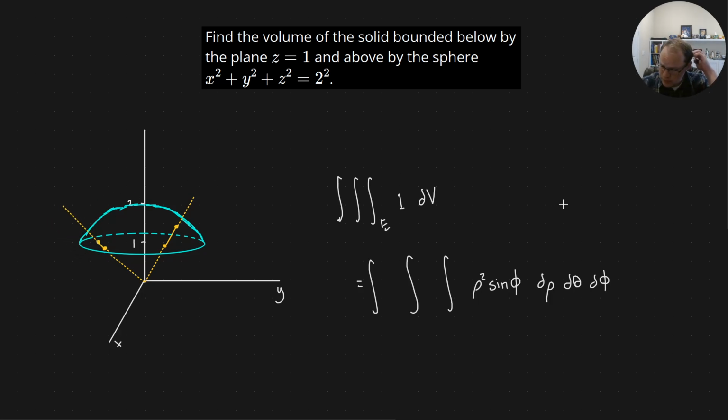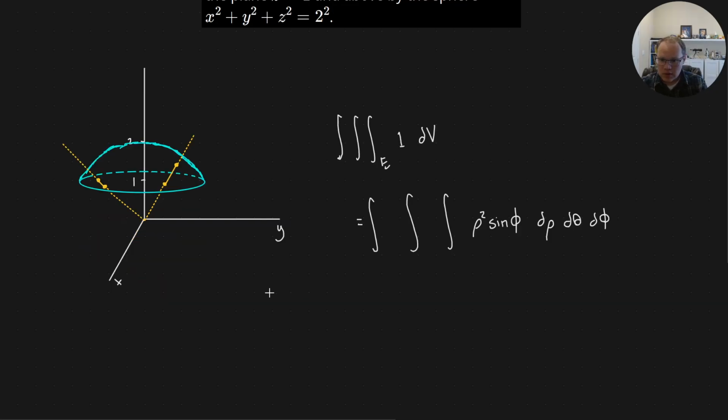Okay? So no matter where I draw it, coming from the origin, the first thing I would hit would be the bottom surface here. Now that's the surface z equals 1. But I need to express it in terms of rho. So I need to re-express z equals 1 in terms of rho. I'm just going to replace z with what it is in spherical coordinates.